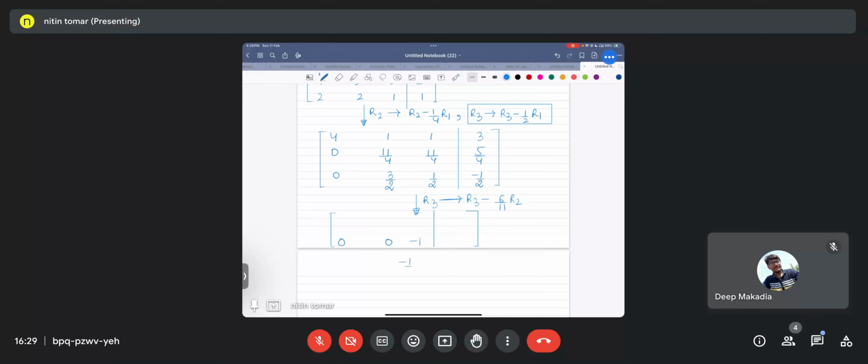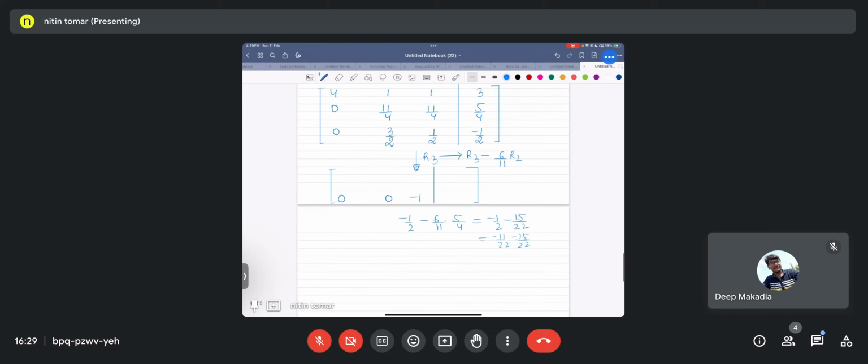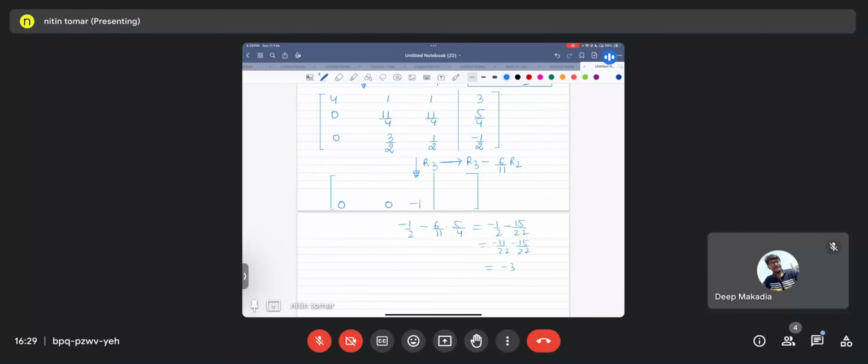Minus half, minus 6 by 11, minus 15 by 22. So it will be minus 11 by 22. So it will be minus 26 by 22, which is minus 13 by 11. Am I correct? Oh, sorry, 13 by 11.